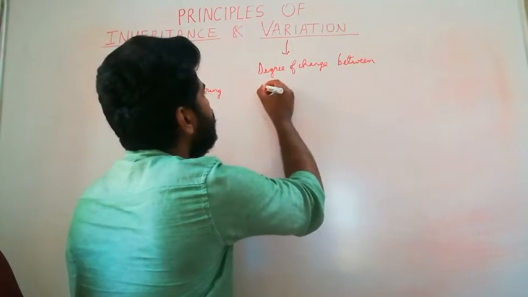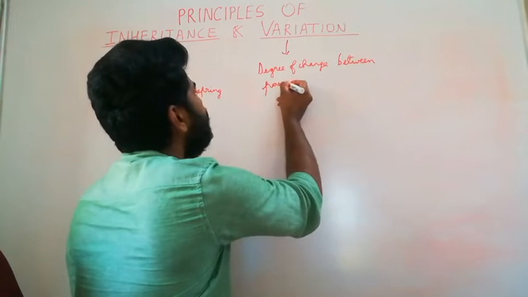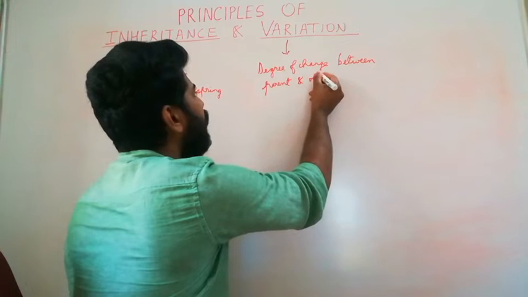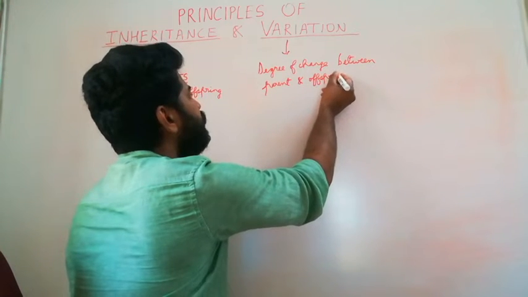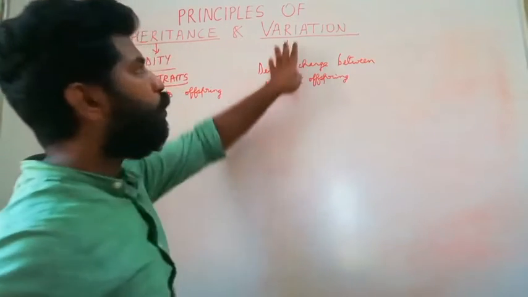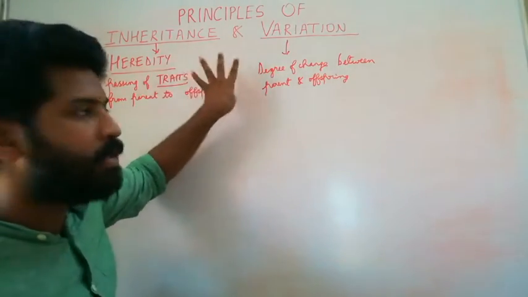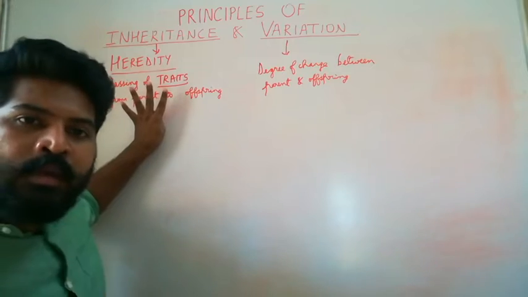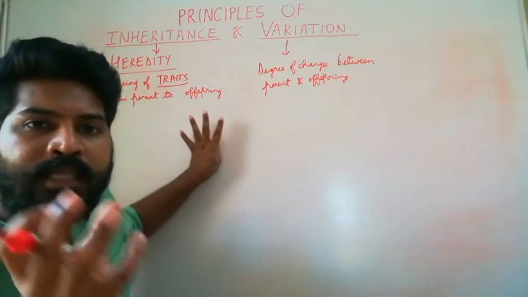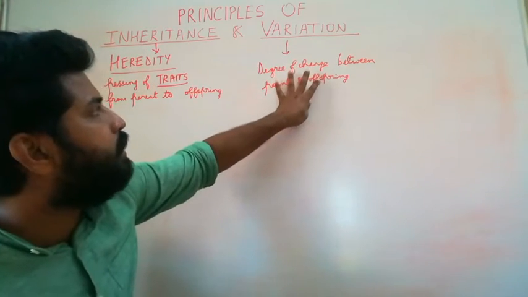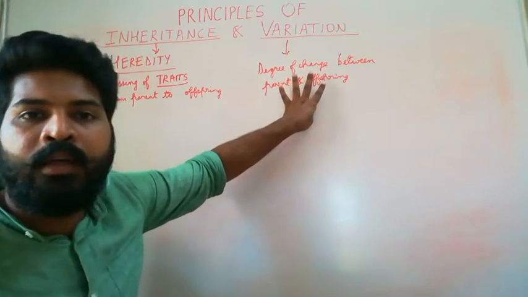To what extent the parent and offspring are different is what is called variation. So that is the meaning of these two terms: how the traits are passed, and what is the amount of change between the parent and the offspring.